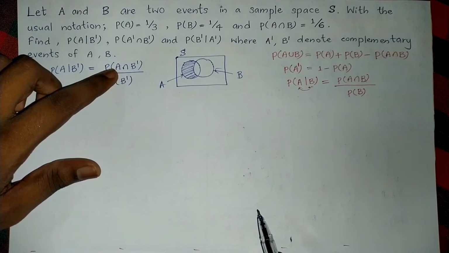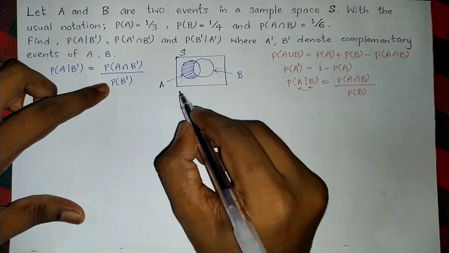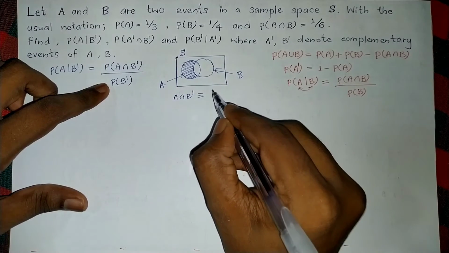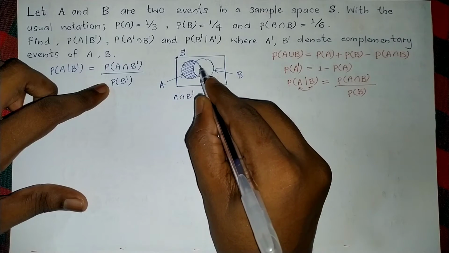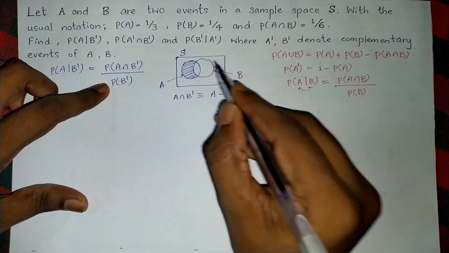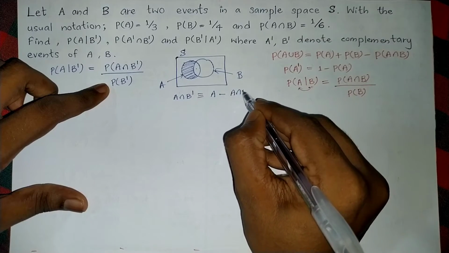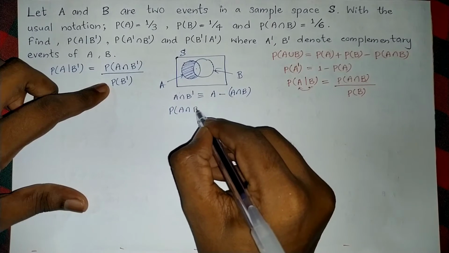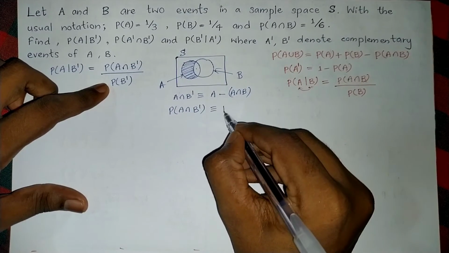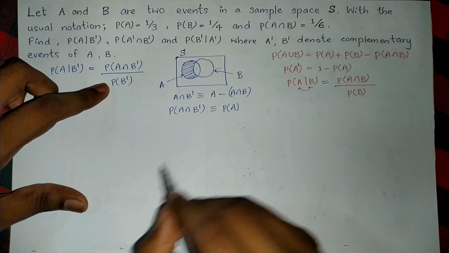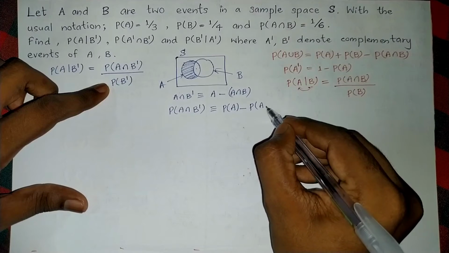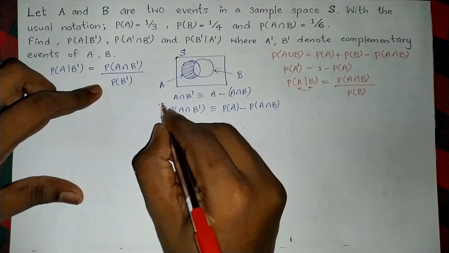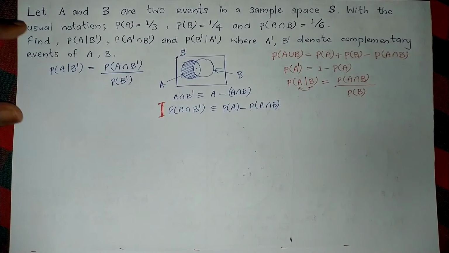Then from set theory, I can say A intersect B dash is equivalent to A minus the intersection A intersect B. So probability of A intersect B dash is the same as probability of A minus probability of A intersect B. This is a relationship that you should remember under probability.